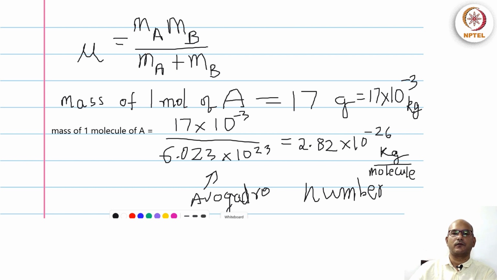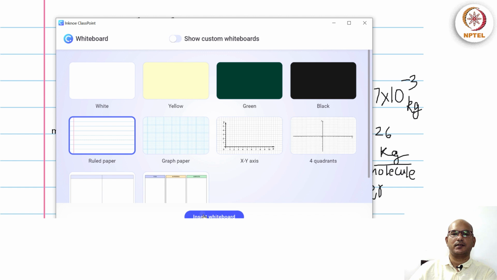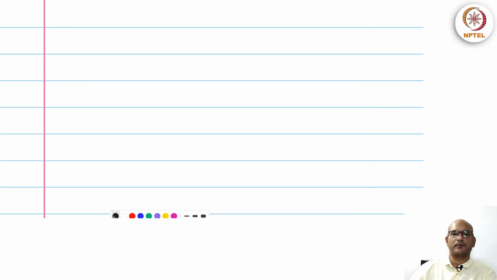Similarly, we can get the molecular mass of B, and we get MB is equal to 33 into 10 to the power minus 3 divided by 6.023 into 10 to the power 23.